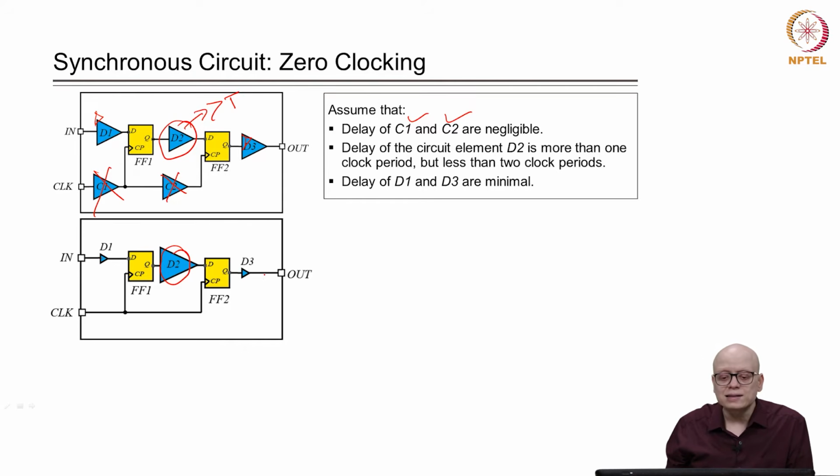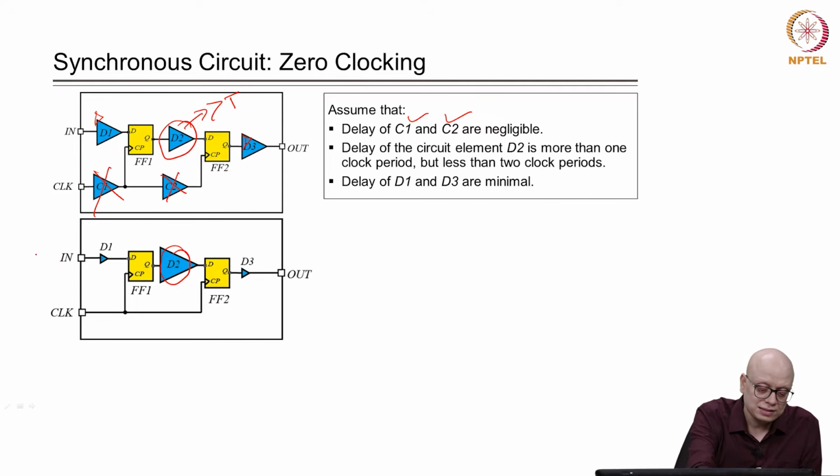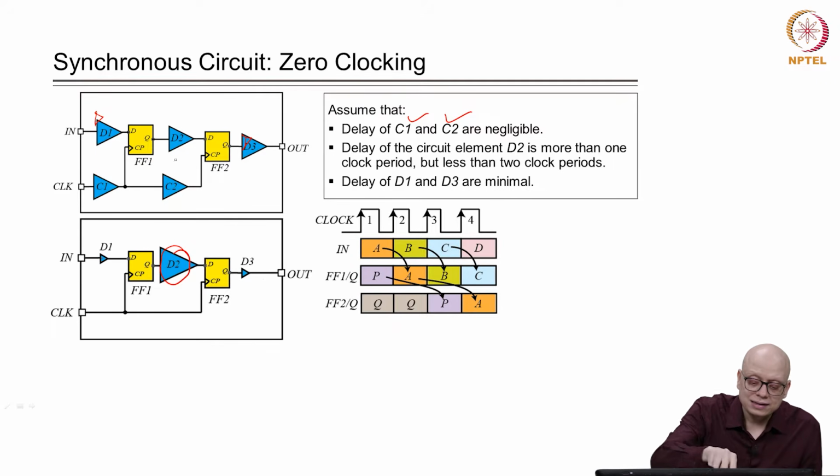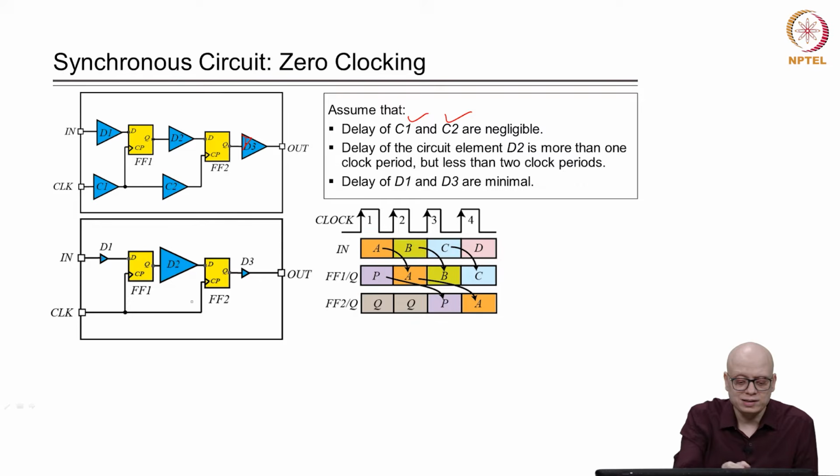Now, if we apply the same stimulus at the input, A, B, what do we expect? At FF1Q, there will be no change compared to the synchronous behavior, since this is a small delay. Whatever is there at the next clock edge will be captured.